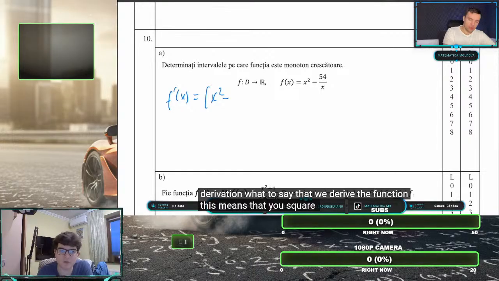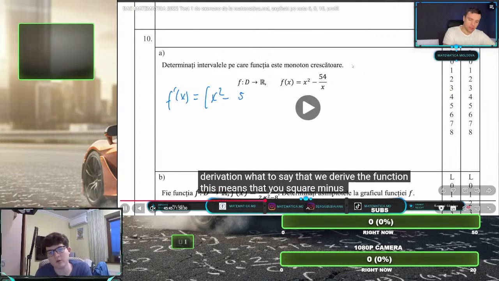Obviously I know my derivatives, like you get the derivative formula sheet in the ACT or wherever. So the derivative of x to the second power is going to be 2x, I think, and the derivative of 54 divided by x, who knows what that's going to be. You're going to have to find it. You set it equal to 0, maybe, I don't know.